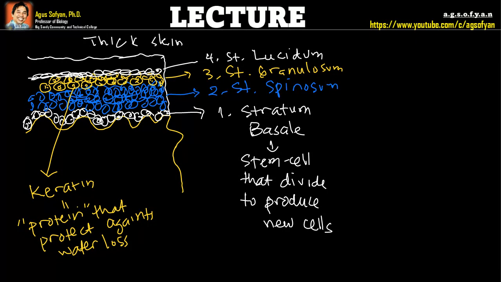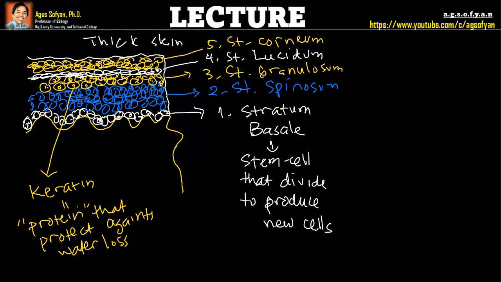And the top layer, the outside layer of our skin, will also consist of dead cells, and this layer is called the stratum corneum. Okay, so most of the cells in this layer will be removed and will be replaced by the cells from the bottom part. So these are the 5 layers of the thick skin.